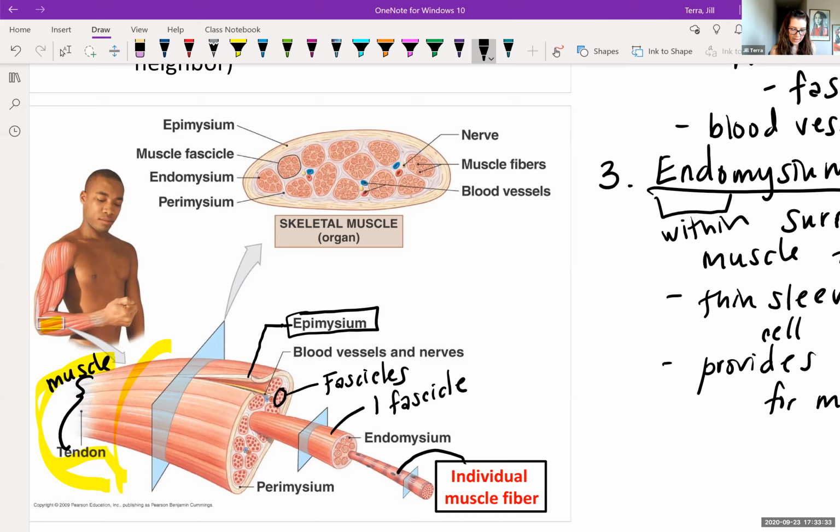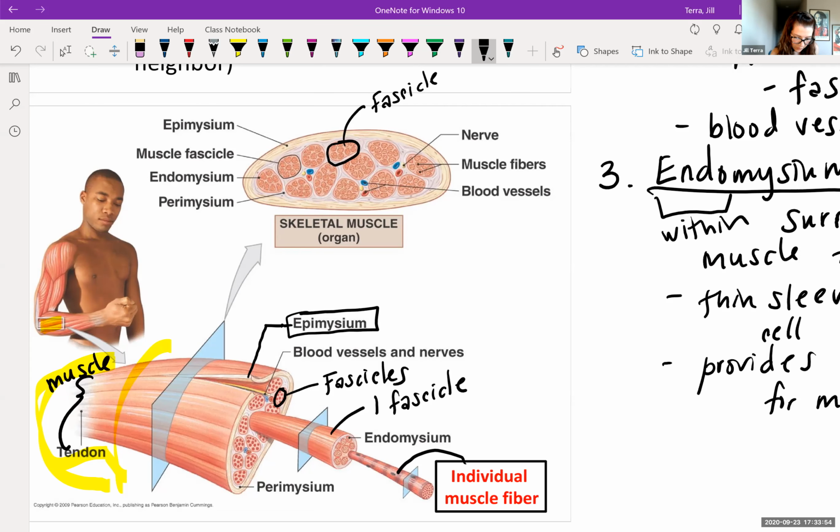Now between the fascicles, you can think of this like a connective tissue glue substance, and we can see there are blood vessels and nerves. That's the perimysium. If we look at this cross section up here, these individual bundles would be individual fascicles.